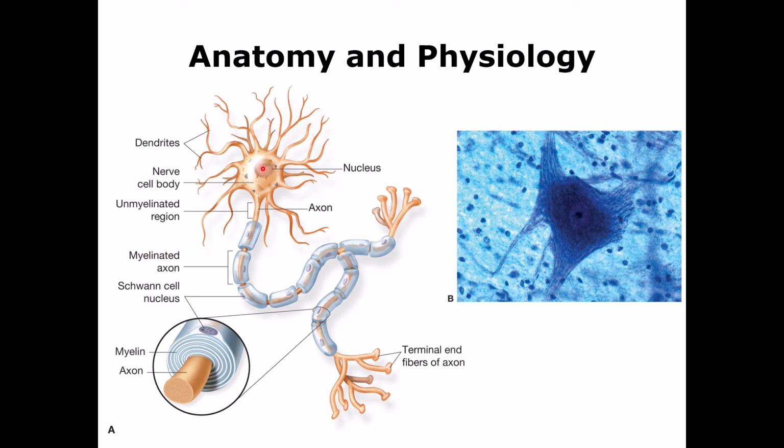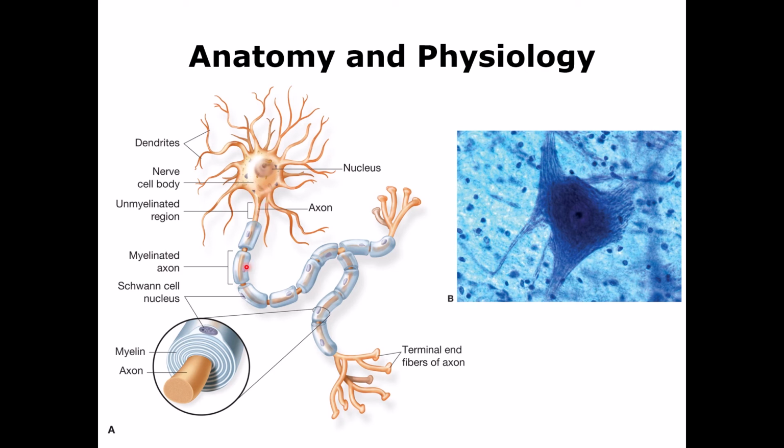And the cell body has the nucleus, which you can see around here, the nucleolus. It has the Golgi apparatus and the endoplasmic reticulum, the ribosomes, the mitochondria, so all of those structures that you see in a regular cell, you can also see in the cell body of the nerve cell.